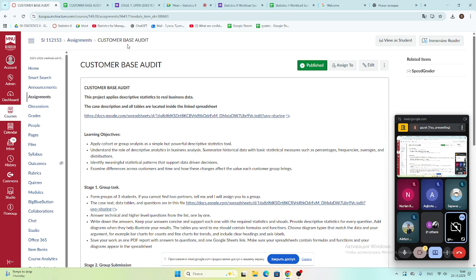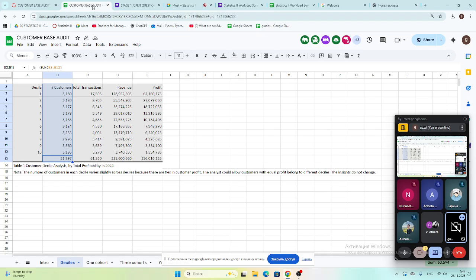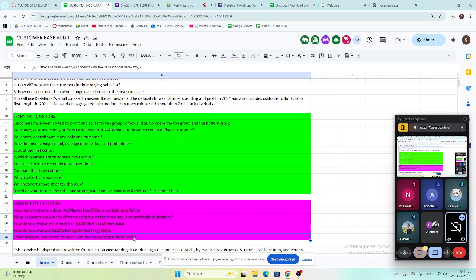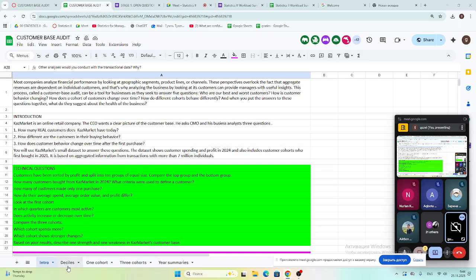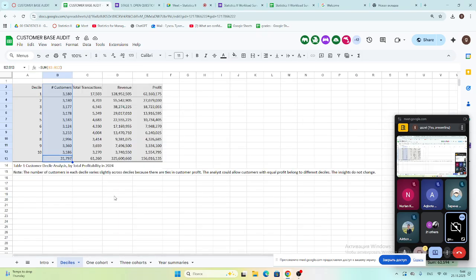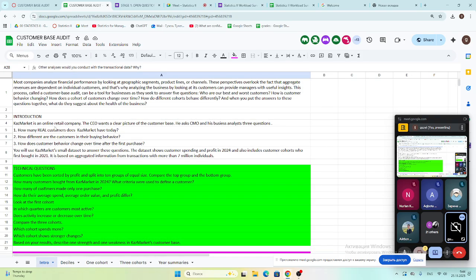So this customer base audit was prepared based on the Harvard Business School case, because I cannot use the entire case. I just modified it. I modified the data. This is a synthetic data set, but it is based on a real internet company, so I kept the pattern.